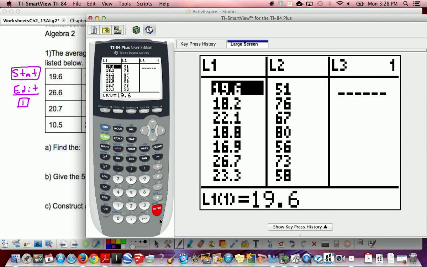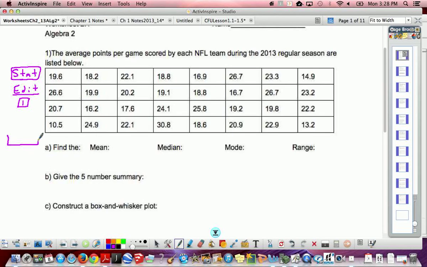Alright, now if we want to answer the question in part A pretty quickly, to find the mean, the median, and the mode and the range, quickest way to do it is to go ahead and hit your stat key. We're going to use the right arrow key and highlight and choose number 1, which is one variable stats.